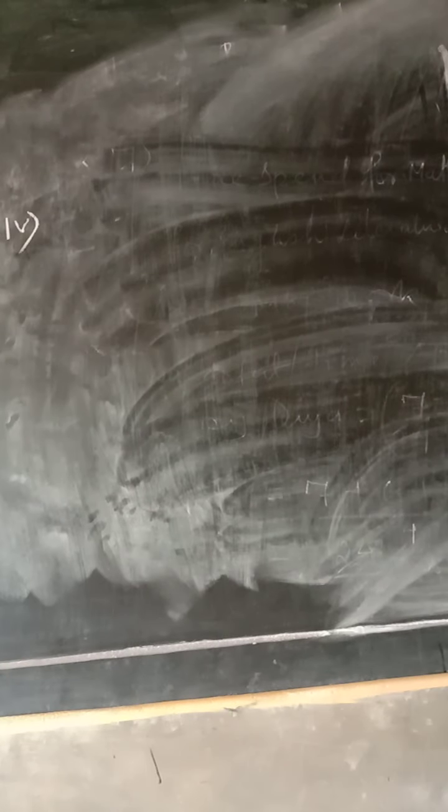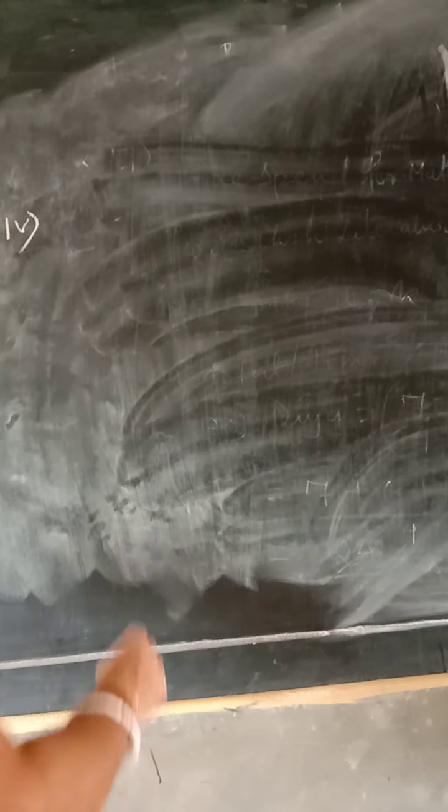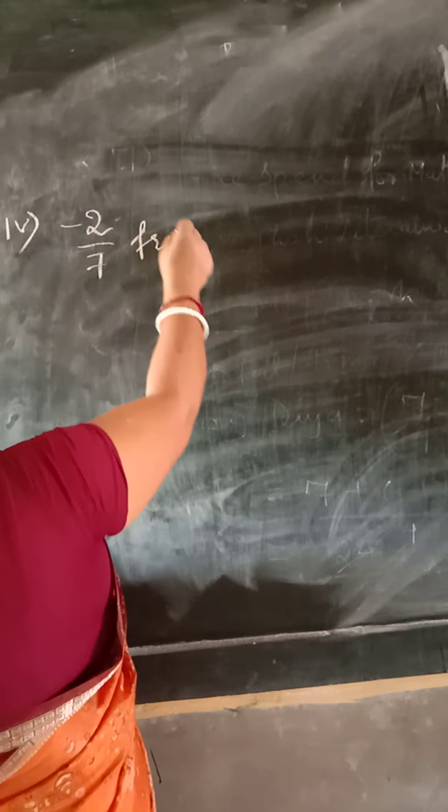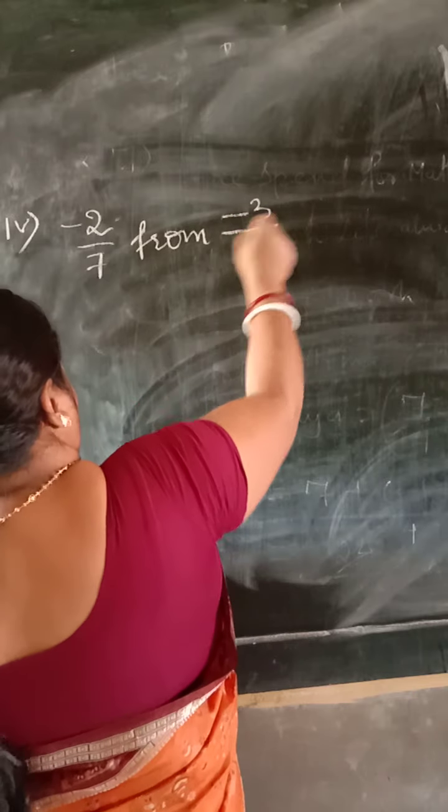Now you can see number 4. It says minus 2/7 from minus 3/-8.